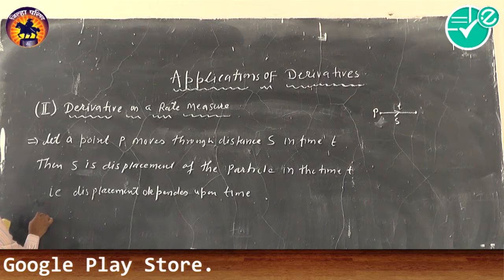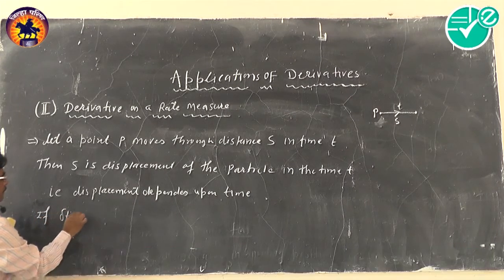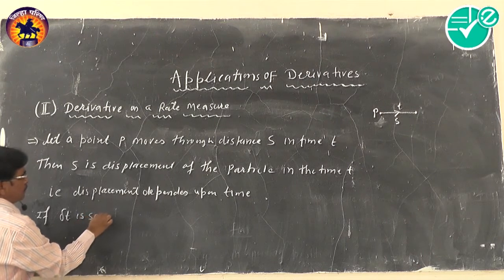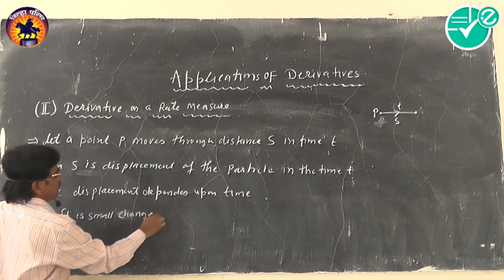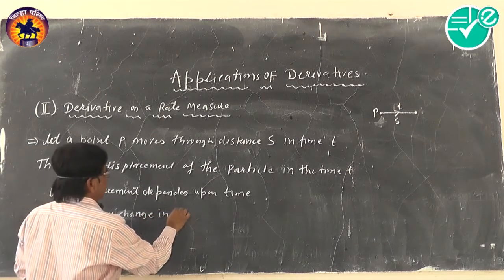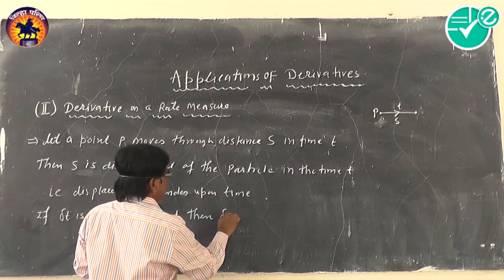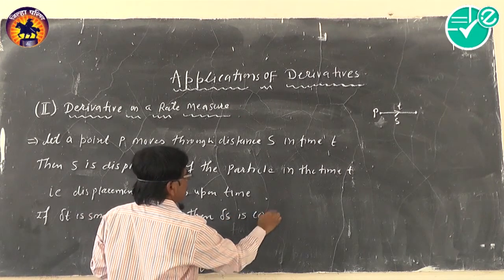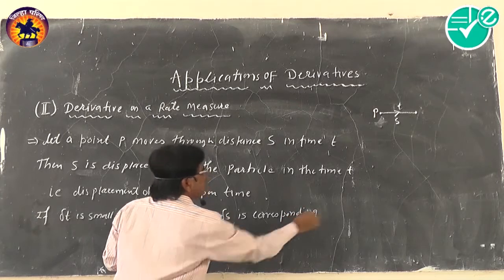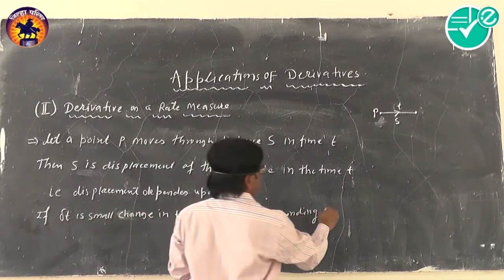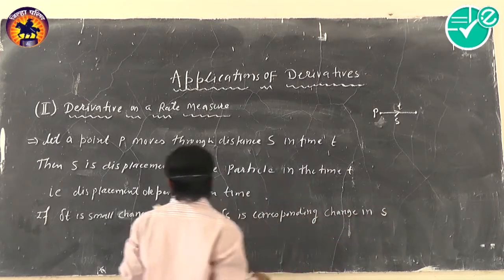Therefore, if delta t is a small change in t, then delta S is a corresponding change in S, because S depends upon t.